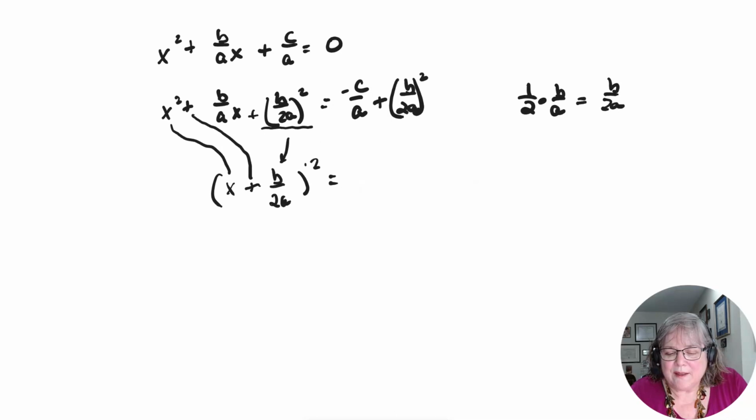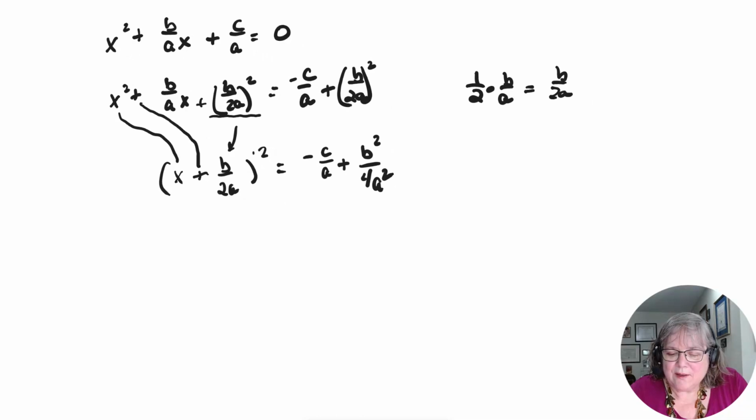Now on the right side, we have kind of a mess. We've got minus c over a plus b squared over 4a squared. If I want to add minus c over a, because I need to clean that up, don't I need a common denominator? So I would multiply this by 4a.